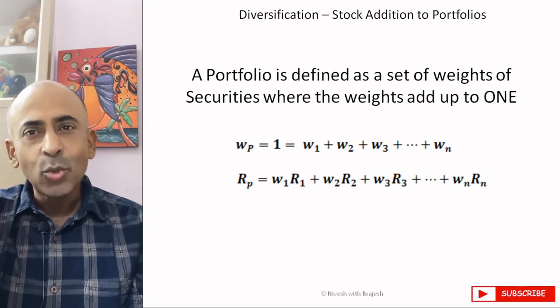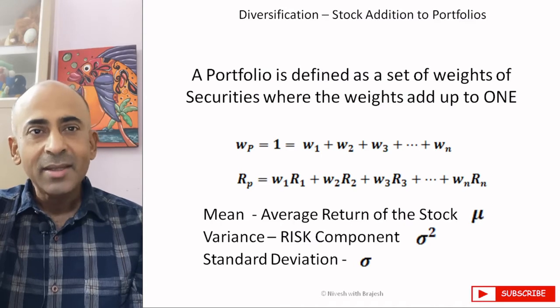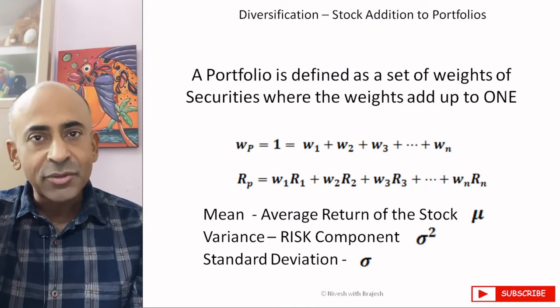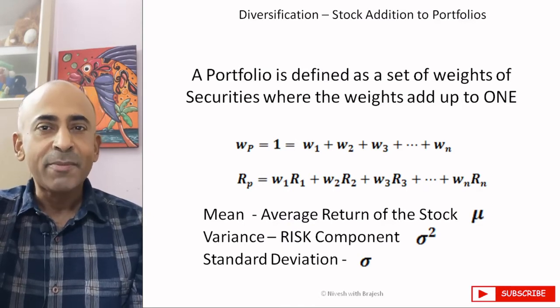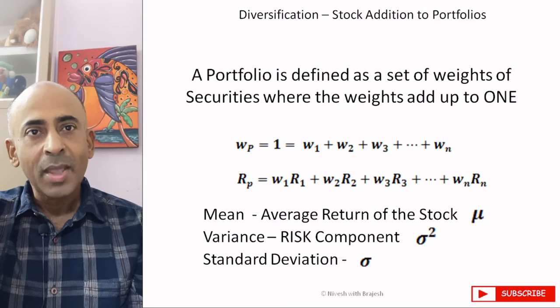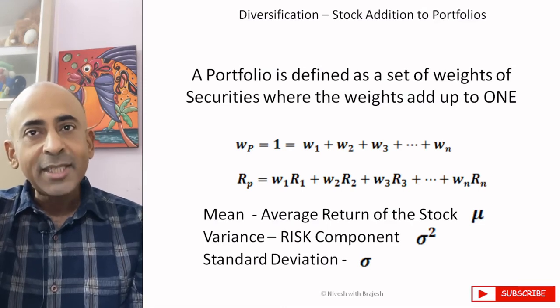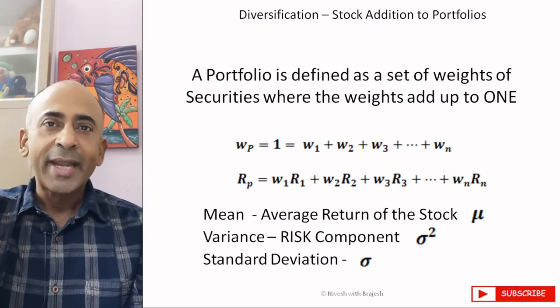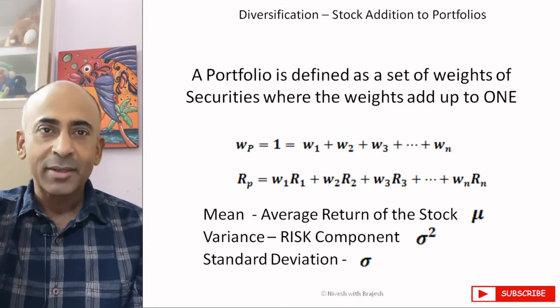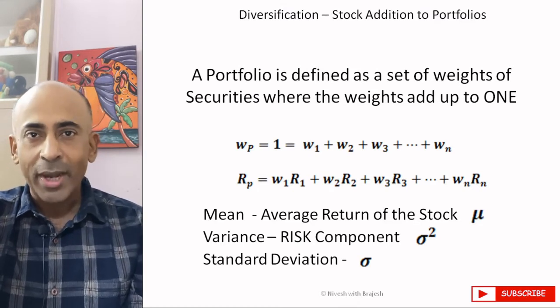Now let's understand two words here, mean and variance. Mean with respect to an individual stock means the average return of that stock. It is given by the symbol mu. And variance with respect to an individual stock indicates the risk component, denoted by sigma squared.